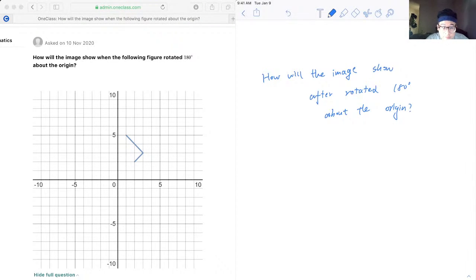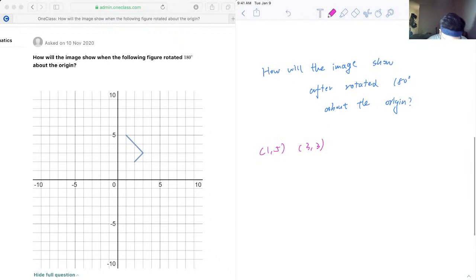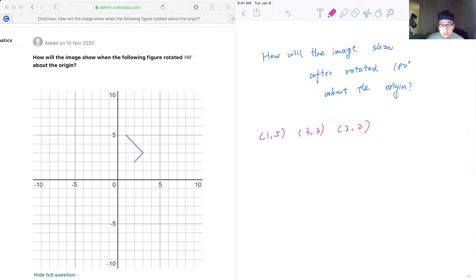Based on the graph given, the figure comprises two segments connecting the points. It's listing the points here: 1, 5 and 3, 3, and 3, 3 and 2, 2. So that's 3 points. And a rule of rotation states that if a graph is rotated 180 degrees about the origin, then the point in the form x, y will become negative x and negative y.